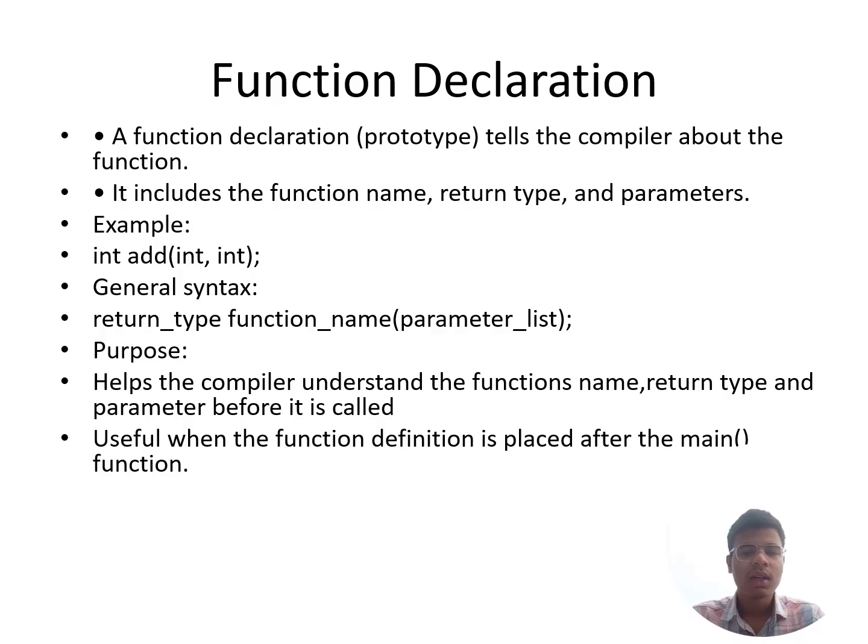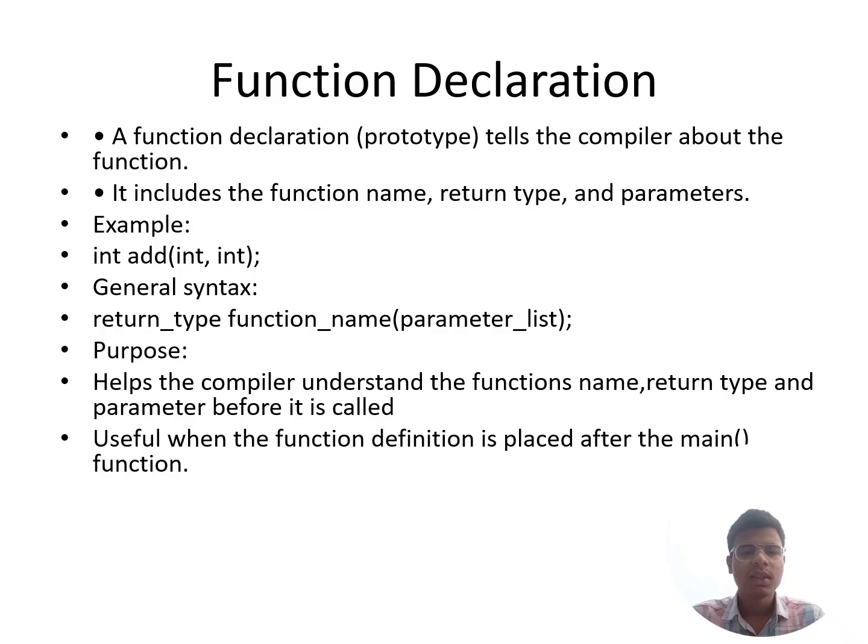The purposes of function declaration: it informs the compiler about the function before it is used, helps perform type checking for function calls, is useful when function definitions are written after the main function, and prevents errors due to calling a function that is unknown to the compiler.